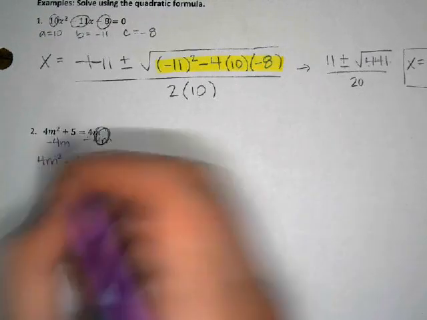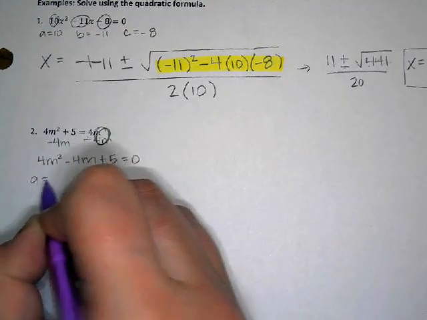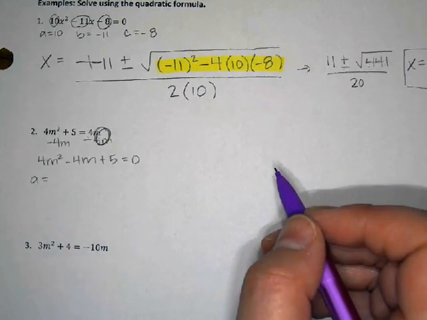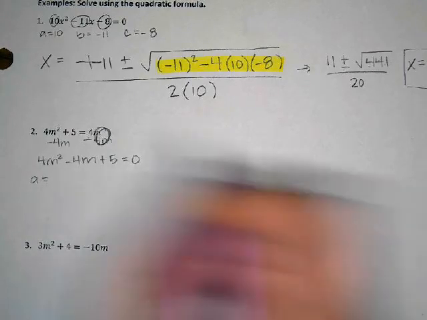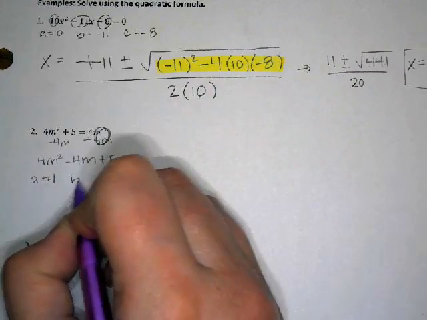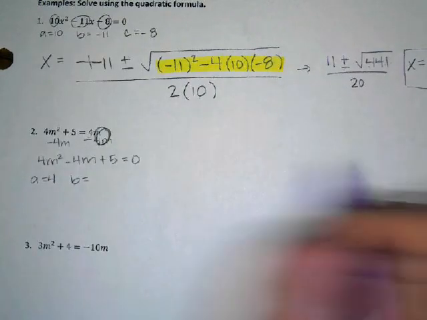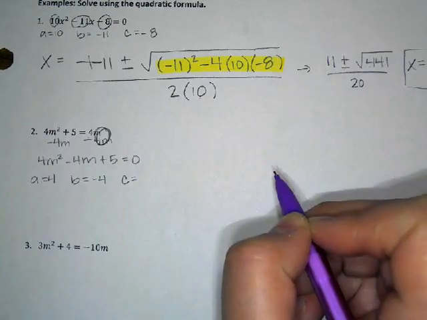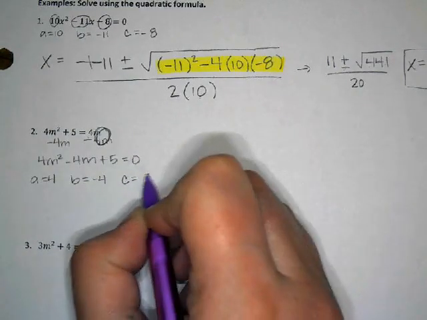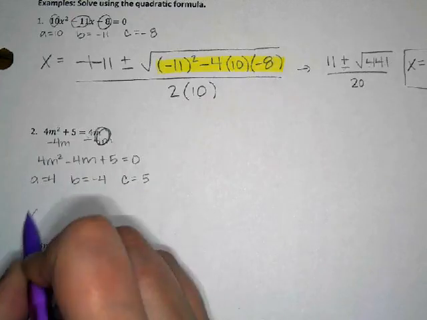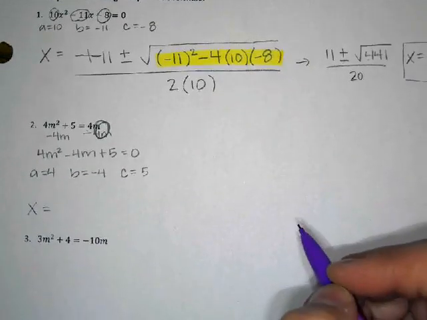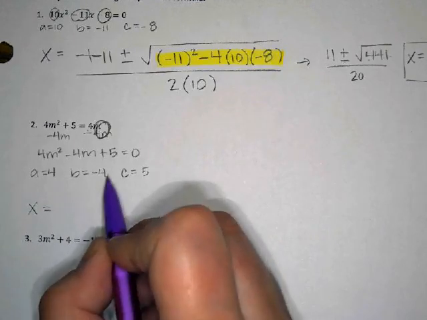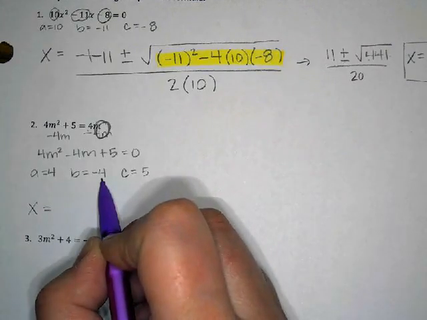So my a value is 4. My b value is -4. My c value is 5. Okay, so x equals, okay, my x equals -b. B is already -4.